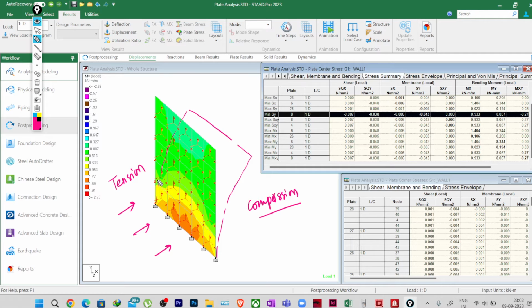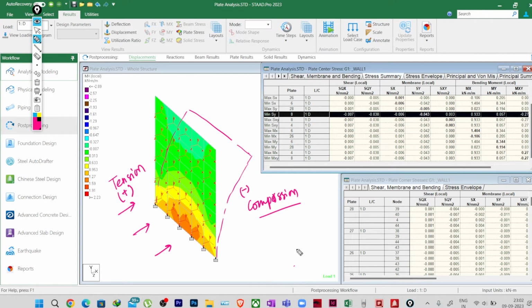So we expect that the tension value, that means the hogging moment, tension means this is the hogging moment, right? Here actually we cannot say hogging and sagging, but it will be something like this. So the hogging moment will be positive and the sagging moment will be negative.